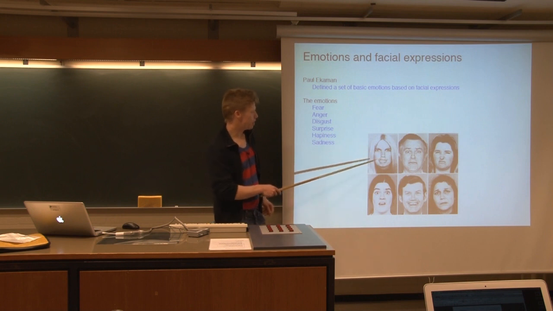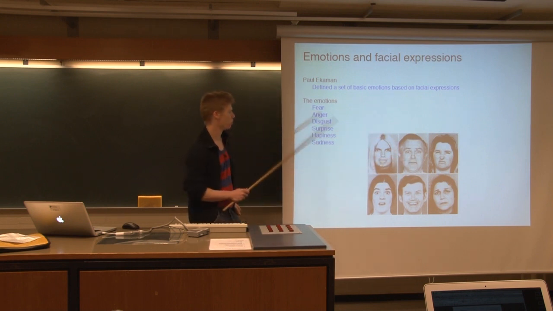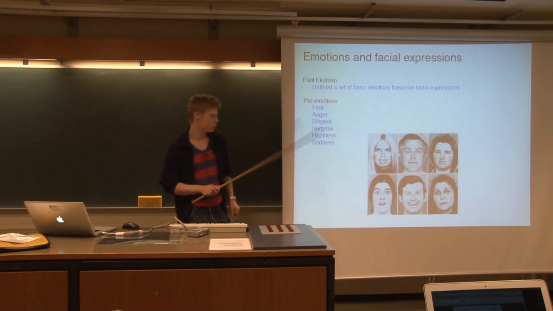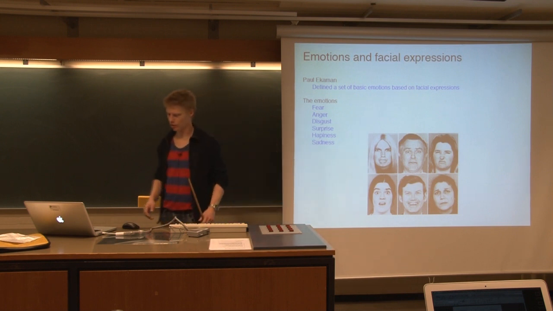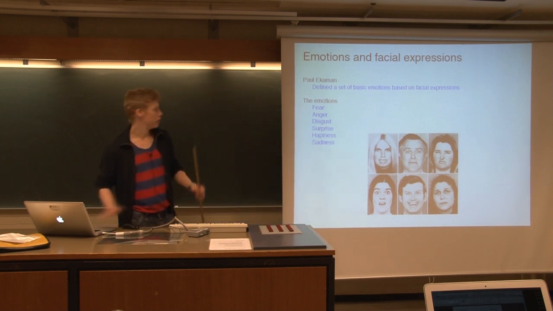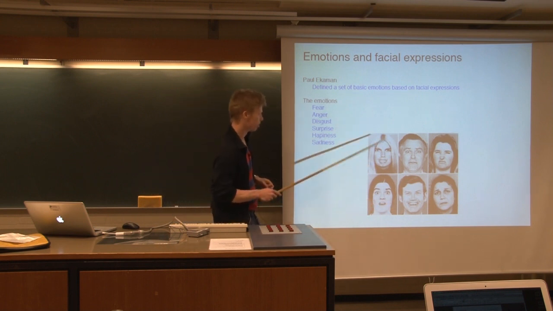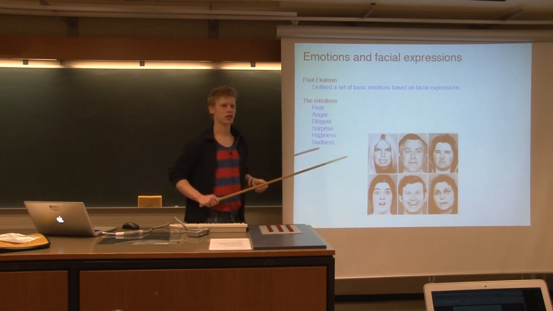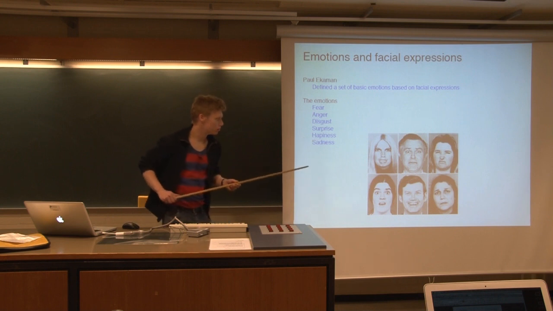But based on these facial expressions, a lot of studies have been carried out. So you have these basic six expressions that are believed to be coded in the facial expression of these subjects that you can see here: fear, anger, disgust, surprise, happiness and sadness, and maybe you can try and pair the facial expressions with the different emotions.